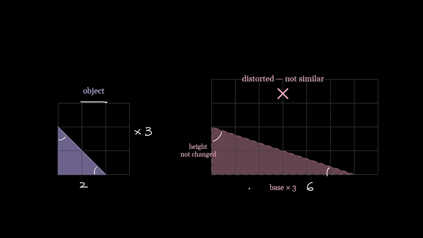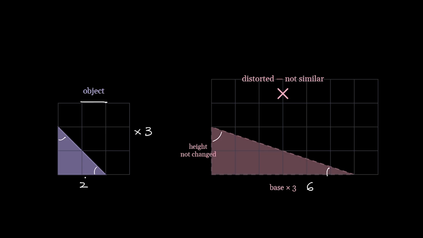The student only enlarged some of these sides, that is the base in this case, not all of them. The result is a stretched and distorted final shape. It is not similar to the original shape at all. Here is the golden rule for you to remember. You must multiply every single length by the scale factor.